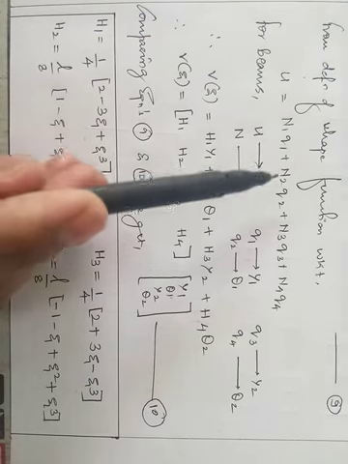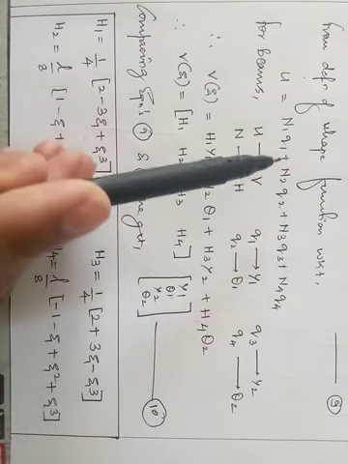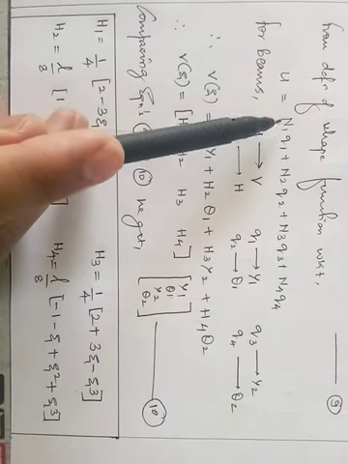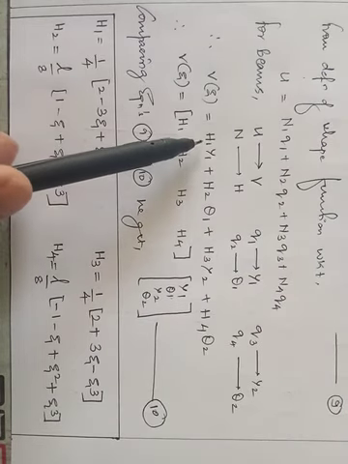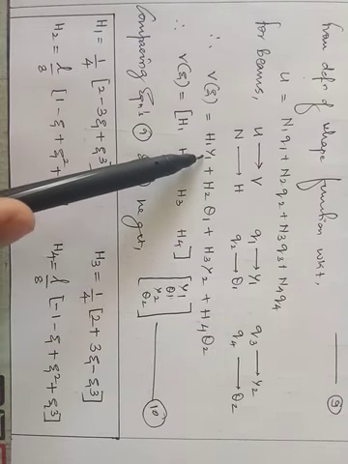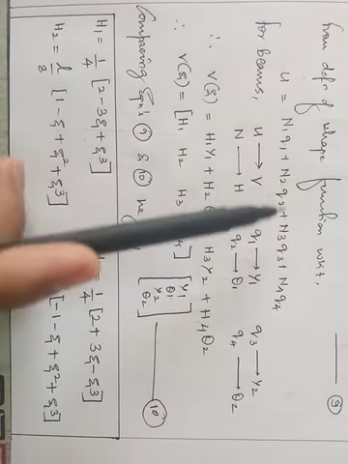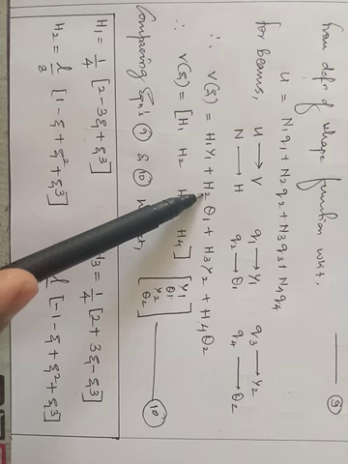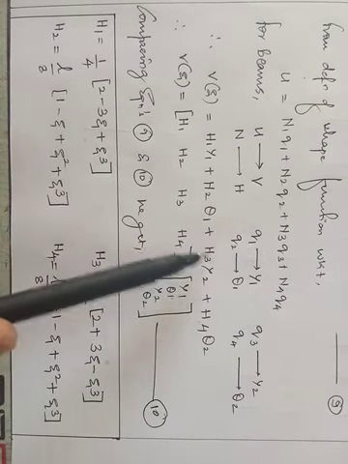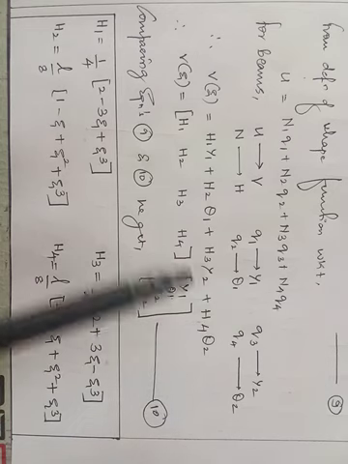Now this equation can be written as v of zeta is equal to n is h for beams, so n1 becomes h1, q1 is y1, so I have written it as y1. So wherever there is n, you replace it by h with appropriate subscripts. So here n2 has become h2, n3 has become h3, n4 has become h4.